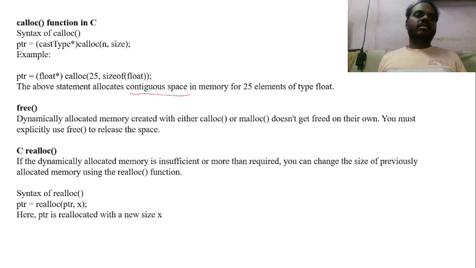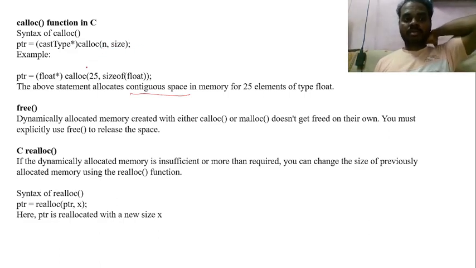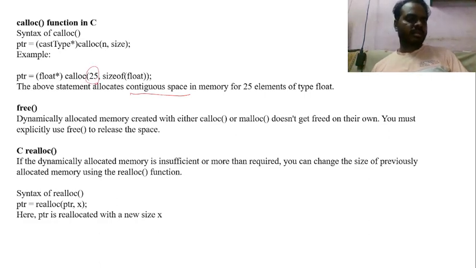The same thing: float star ptr, cast type float, calloc(n, size). In the previous example it is n times size for malloc; for calloc, it is n comma size. Here n is 25, the size of my array, and the size of float is 4.